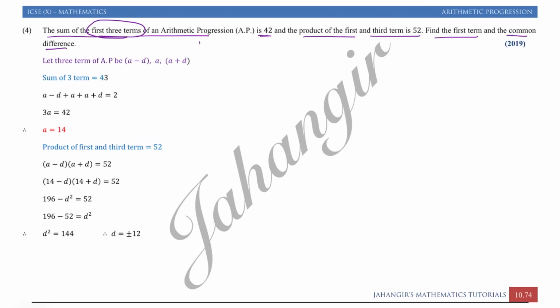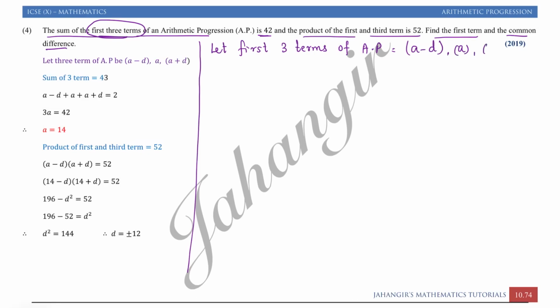So here we can say, let the first three terms of an AP be A minus D, A and A plus D. The sum is 42, so we can add all the terms: A minus D plus A plus A plus D is equal to 42.